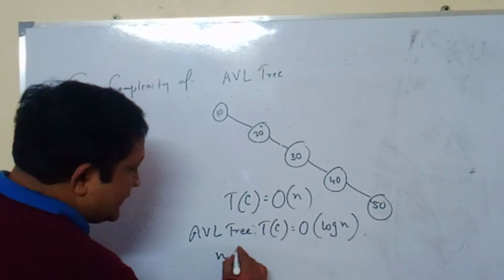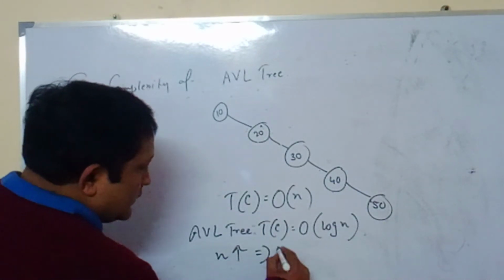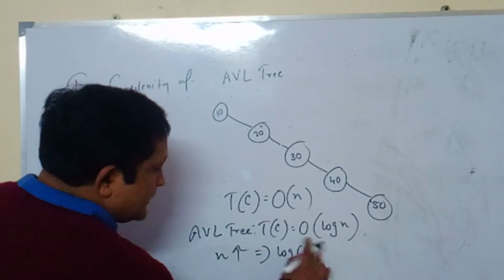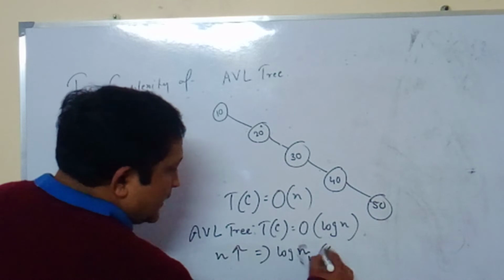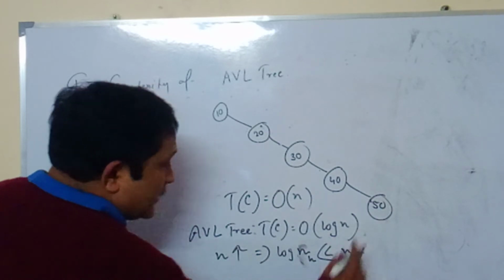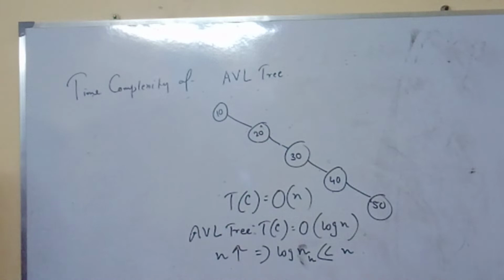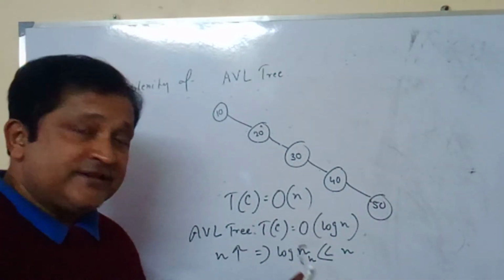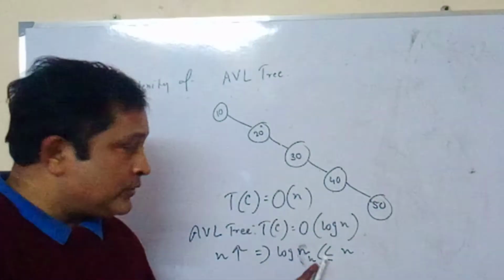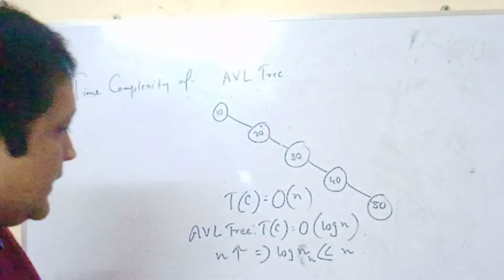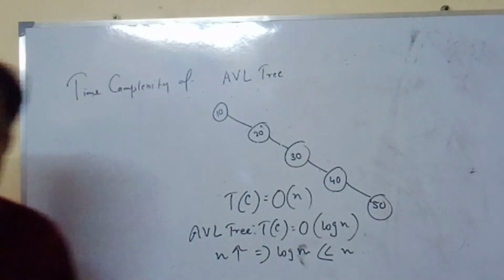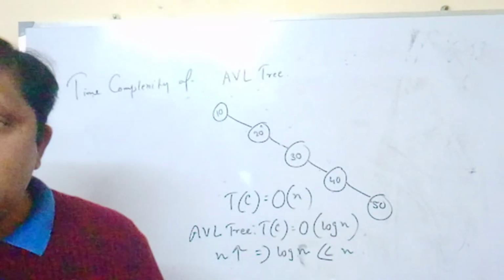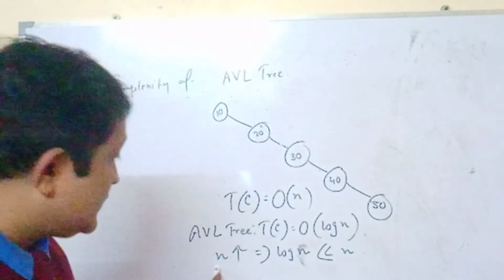So the value of log n at the hth layer goes lower and lower as compared to n. Log n becomes lower and lower as compared to n as n goes higher, as the number of nodes goes higher.